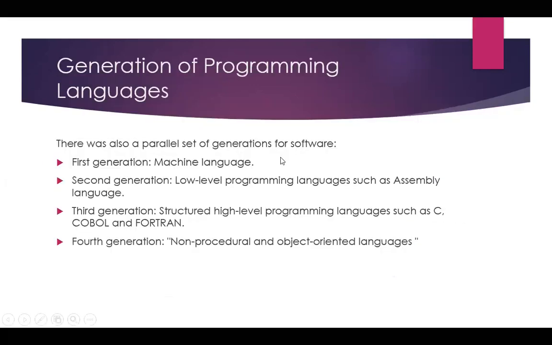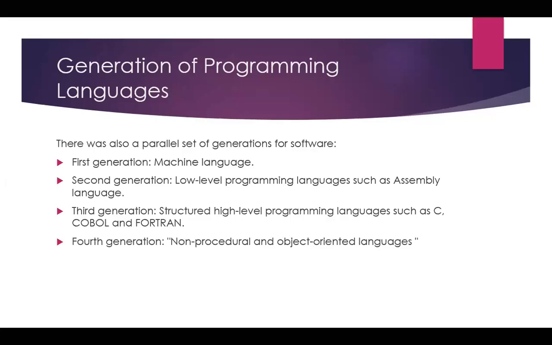Similar to generations of the processors or computers or hardware, there are generations of programming languages. First generation was machine language. A computer system understands only two things, that is yes or no. If a current is flowing, it is yes.